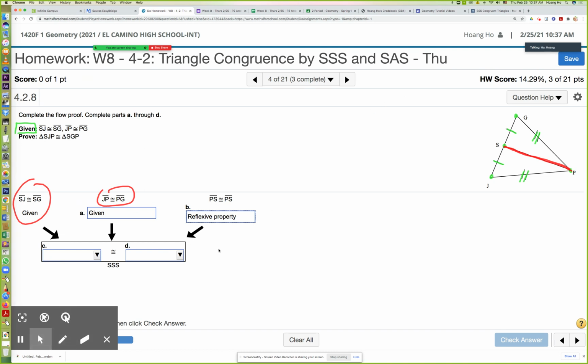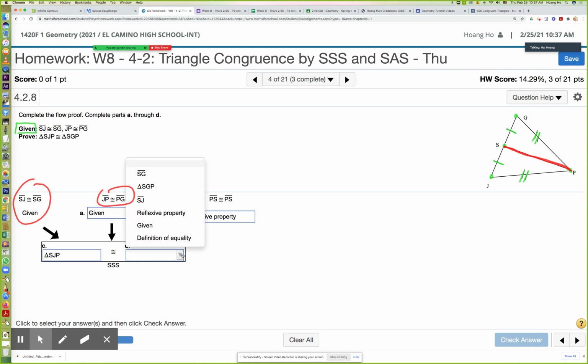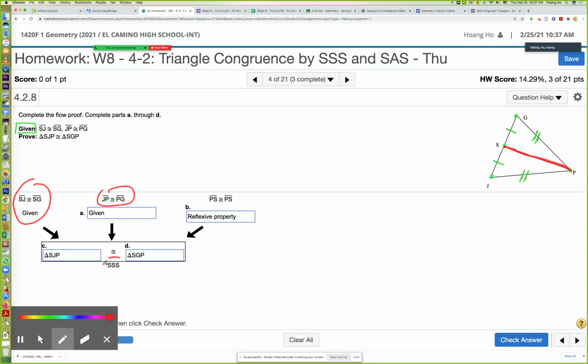Now you have two triangles congruent, but make sure you list out the names correspondingly. You have one choice: SJP goes with SGP, by side, side, side. You see the reason right here, side, side, side. That's it. We're done. Voila.